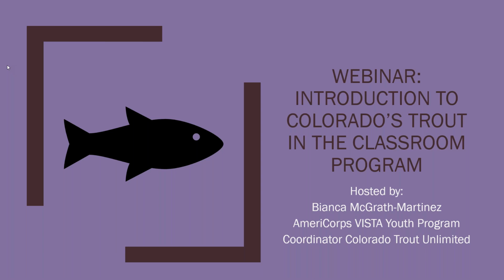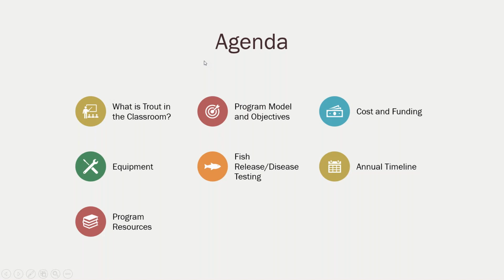We have about an hour here today, so I'm going to jump into it. What we will cover during this webinar is a quick overview of what Trout in the Classroom is, the program model and objectives, program costs and funding, equipment needs, fish releasing and disease testing, a general timeline of events, and program resources.